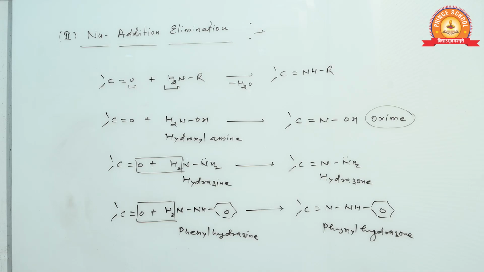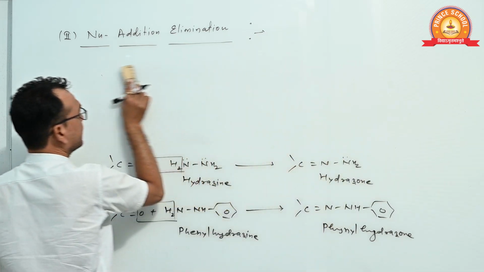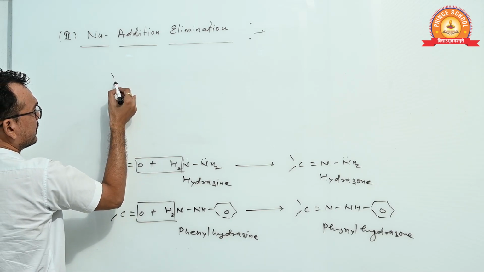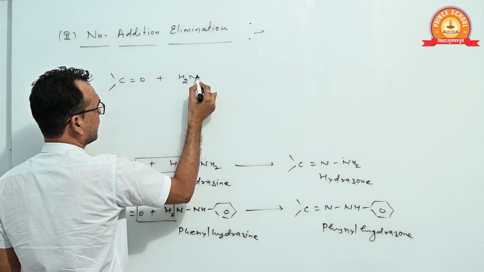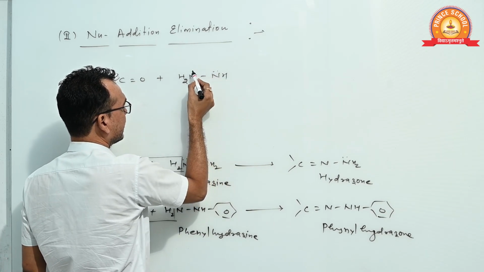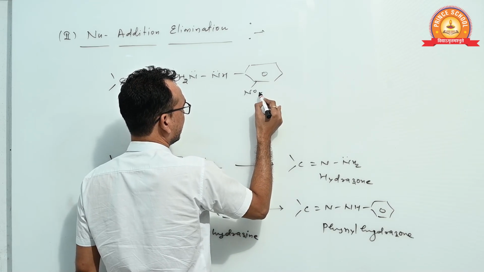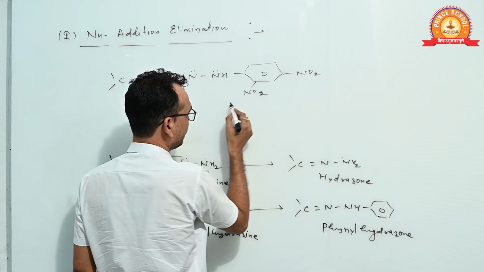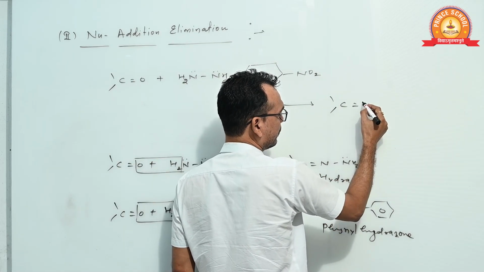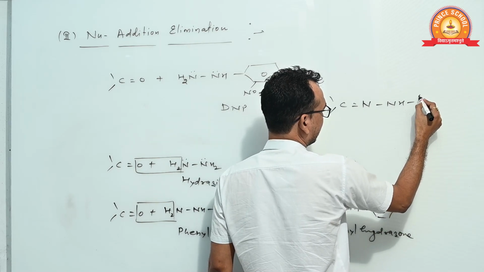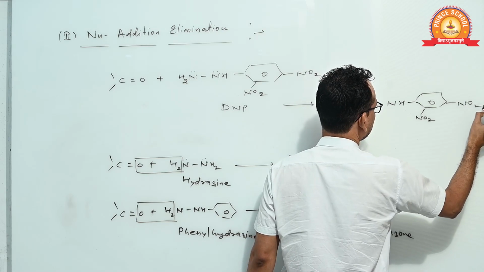And next is the DNP. C double bond O plus NH2 NH, and it is the DNP reagent with NO2 and NO2. It gives C double bond N NH, with this NO2 and this also NO2.